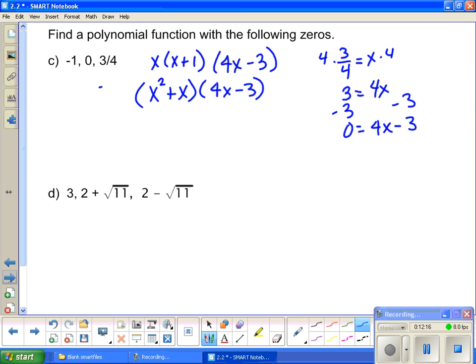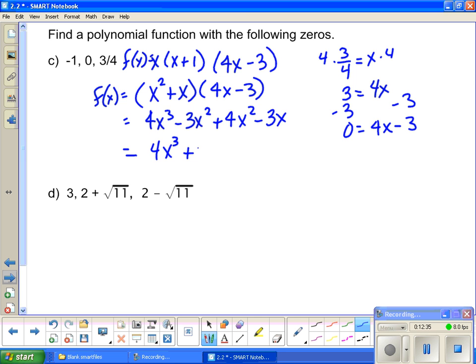And then this is my function. So that's 4x cubed minus 3x squared plus 4x squared minus 3x. Combine our like terms, we get 4x cubed plus x squared minus 3x.